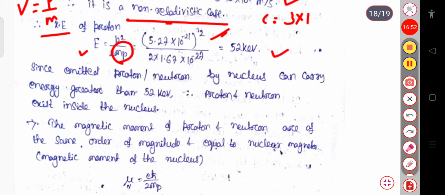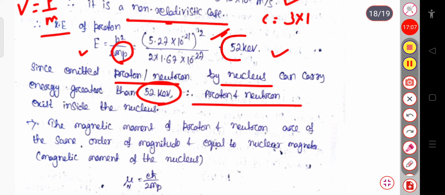Since a proton or neutron emitted by the nucleus can carry energy greater than this 52 kilo electron volt, we can say that the proton and neutron surely exist inside the nucleus.